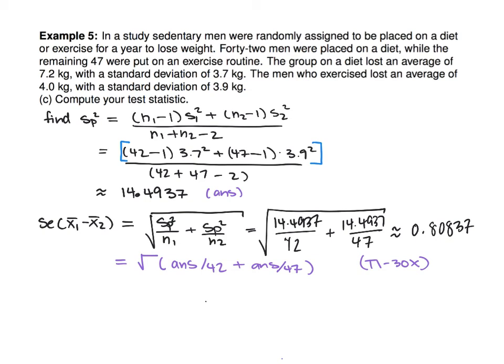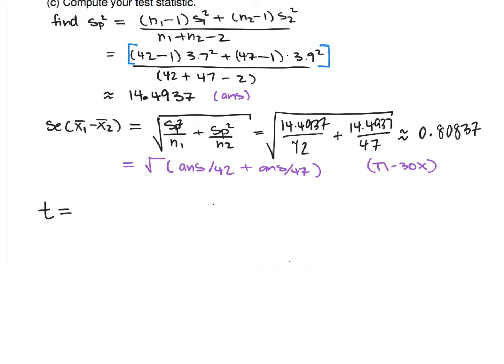Okay, moving on. We're not quite done yet. Holy moly, so sorry. Test statistic. T is equal to x1 bar minus x2 bar minus the null value of mu1 minus mu2, which is 0, over the standard error of x1 bar minus x2 bar.